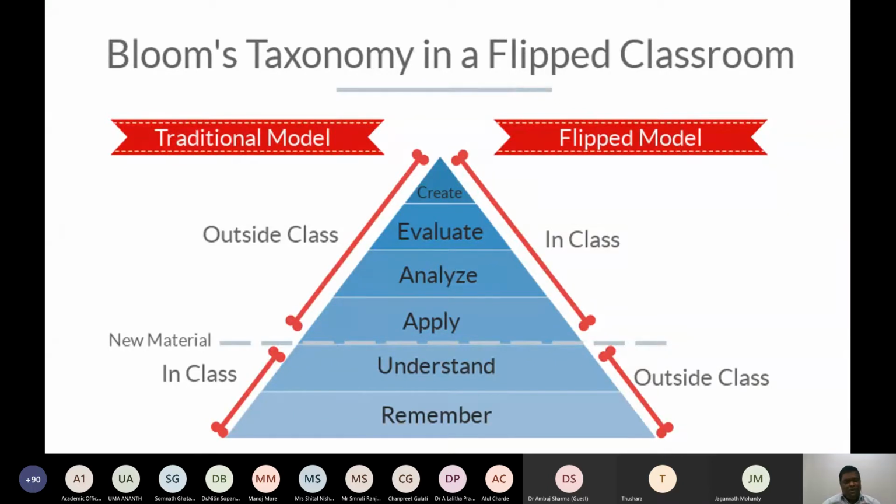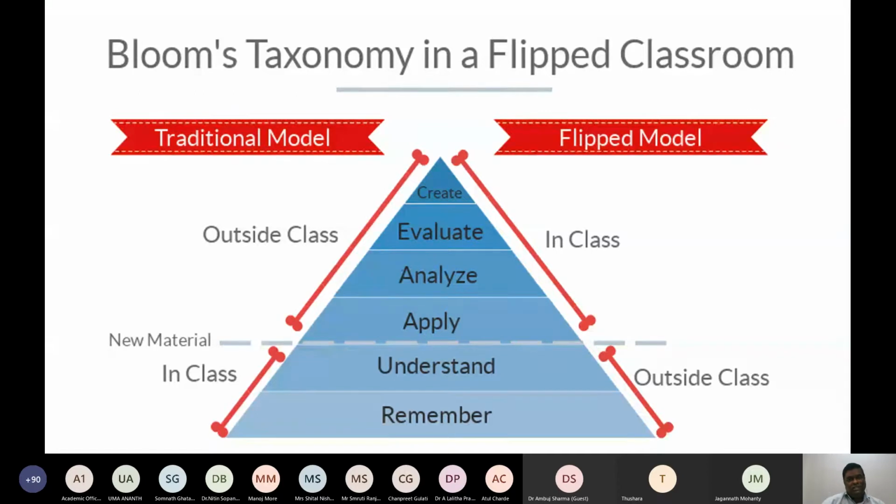They may not get it outside. They may get together in some space, but again, it will be an informal setup, right? In a classroom, it's a formal setup wherein a facilitator like me would be there. All the students would come there, and it is a great opportunity for them to share their learning with each other so that they can learn from each other. Flipped classroom model focuses on that.